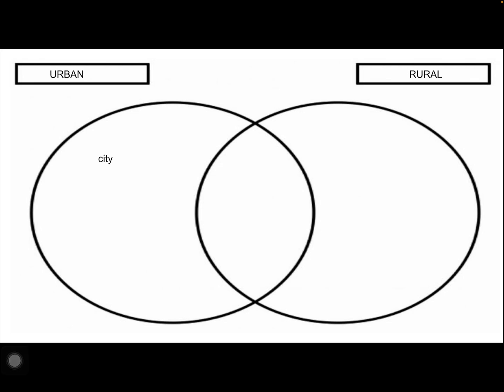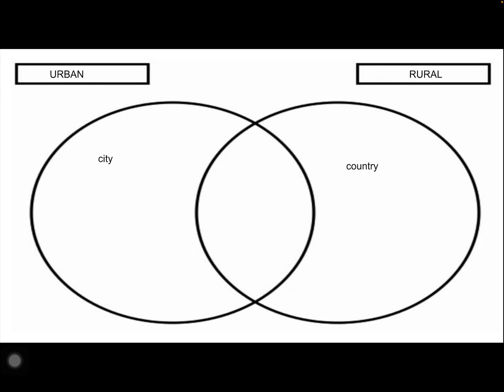We would write it on the urban side because a city is the name of an area we would find in an urban community. What about the word country, like out in the country? Well, that would go on the rural side because the country is where we would see farms and forests and trees in a rural community.